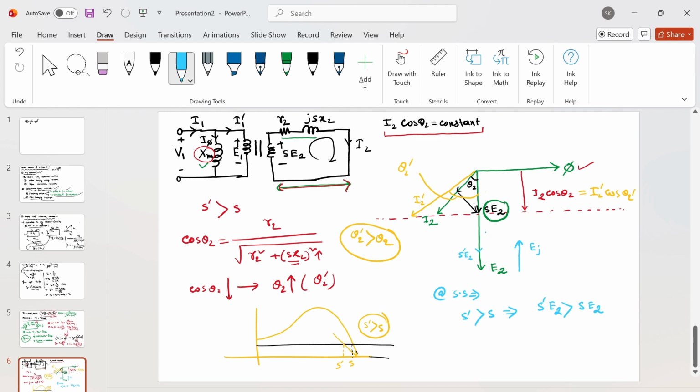So if I subtract this particular EJ voltage, I'll be having this as a resultant phasor. So this phasor is representing S prime E2 minus EJ. I'm moving that way just so that the picture can be a bit clear.